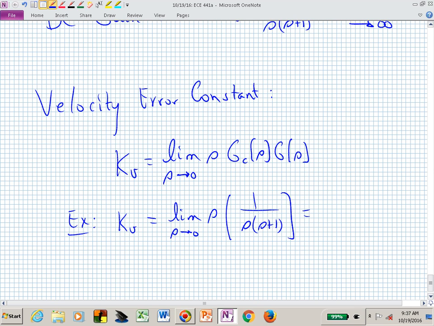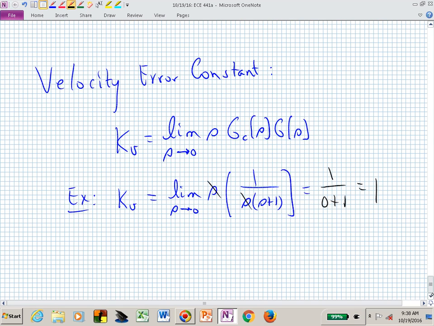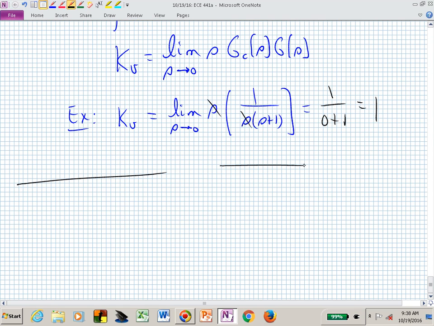And what's that limit as S goes to 0? That S cancels that S. And now we let S go to 0, and we have 1. And that's now going to be important for the next property that we are going to start examining.